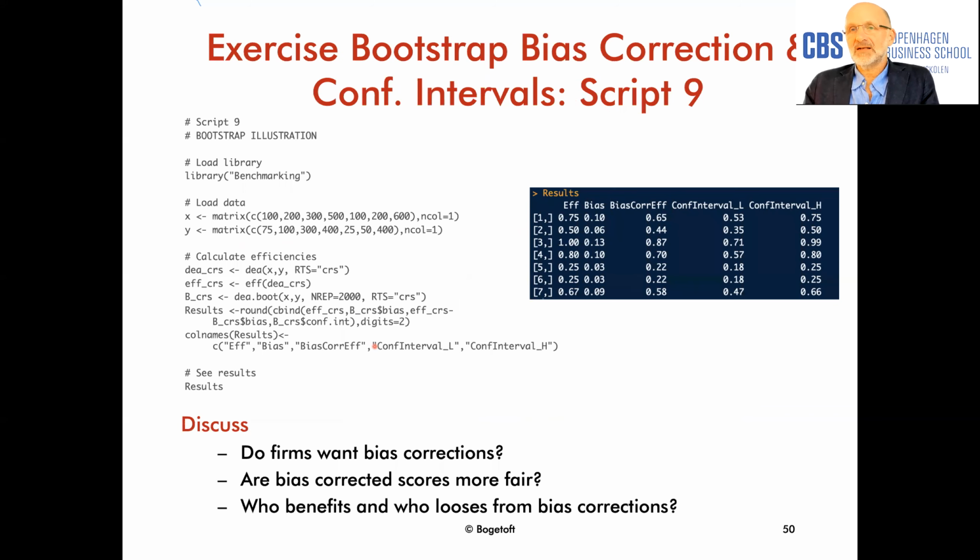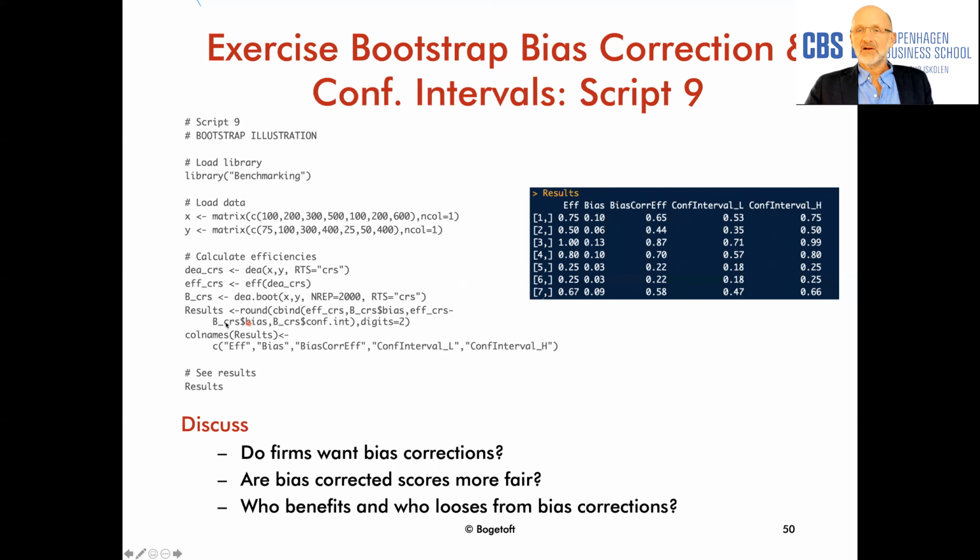And here I have an exercise where you can actually try to do it. I have observations here, the input vector, the output vector. I calculate the DEA efficiency model with constant return to scale. I take out the efficiency scores. Then I do the bootstrap with 2,000 repetitions. You can easily do that because it's such a small data set.